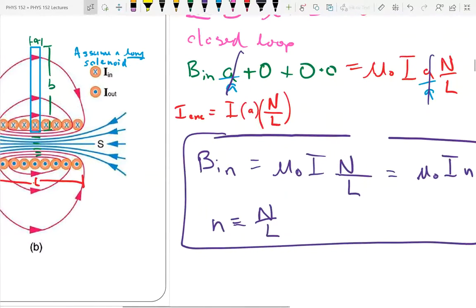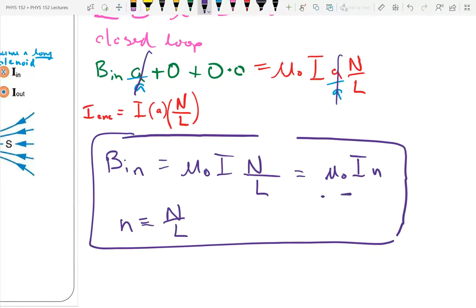So now given this equation, let's just look at this. What things can you do to make the magnetic field inside a solenoid stronger? Okay, you can make it have more turns N if it's in the same length L. Or you could make it have the same number of turns but a shorter length solenoid.